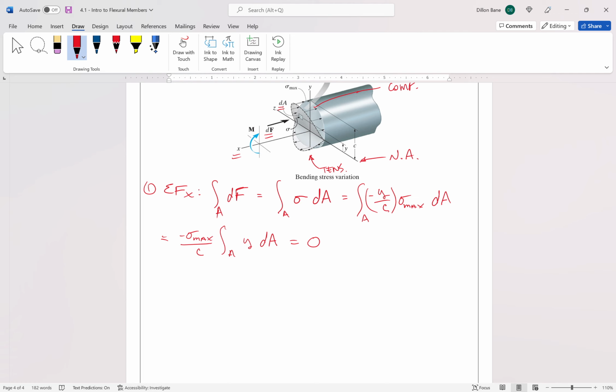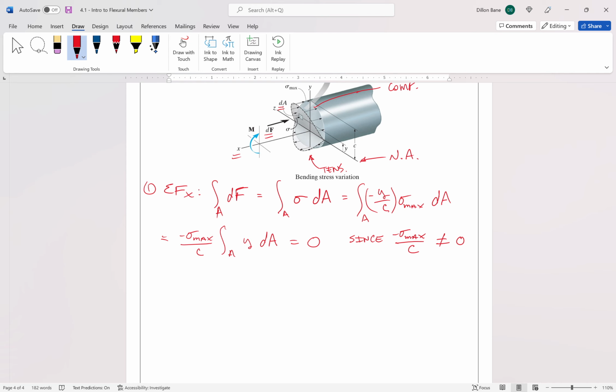But negative sigma max over c is just two real numbers, like 17 divided by 3 or something.